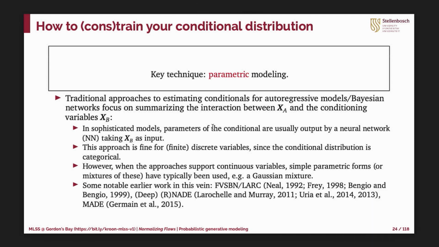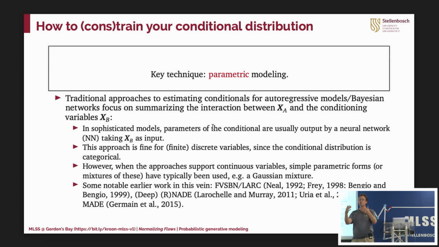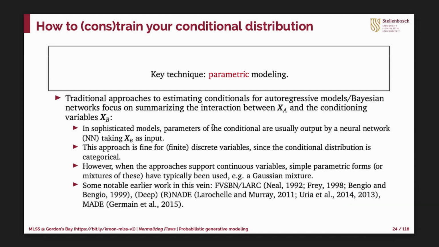So the key technique is parametric modeling. We want to say that this density looks like some kind of function, and that function has parameters, and we want to find the right parameters so that the function fits well. So in sophisticated models, we are looking at estimating conditionals. We're trying to summarize the interaction between the XA and the conditioning variables XB.